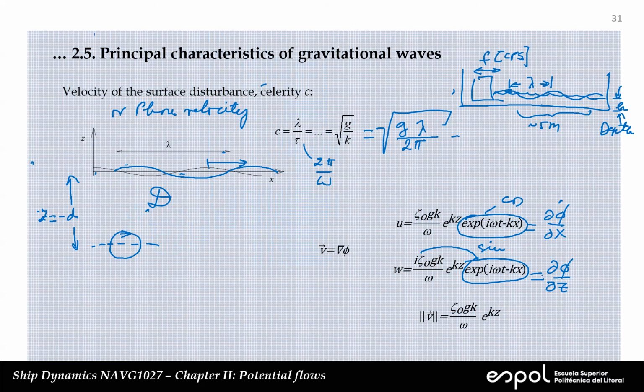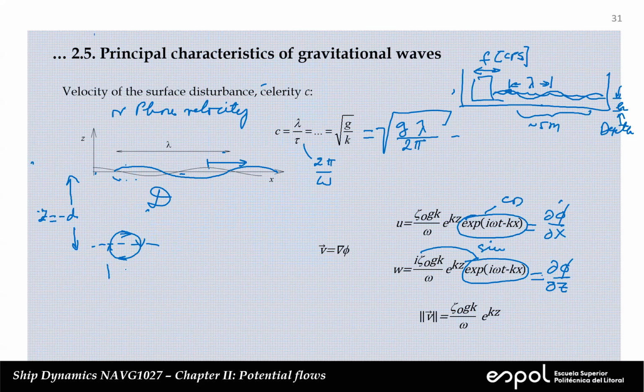When it starts going to the right, the velocity in this point is going down. When this is very low, the trough, the velocity is pointing in the negative direction. And as it recuperates, it goes up and completes the cycle. So it's moving like this.